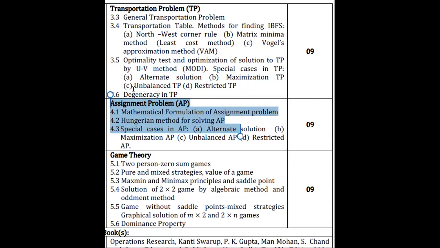We can solve an assignment problem with maximization case. We will see what is the unbalanced assignment problem, and restricted assignment problem. And the last chapter is game theory. Two-person zero-sum game.